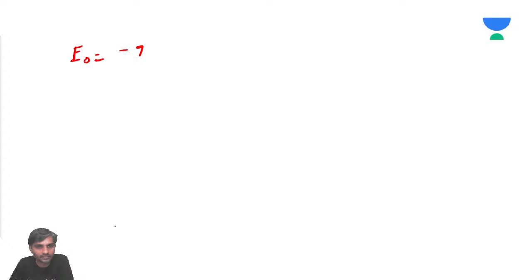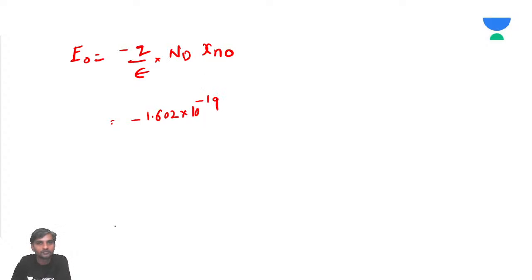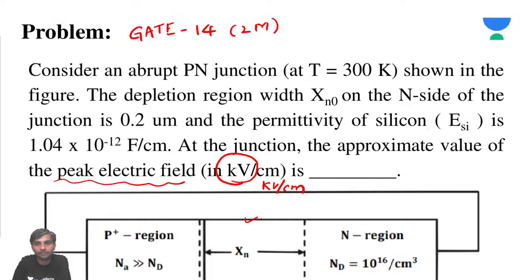Epsilon is equal to minus Q by epsilon into ND into Xn naught. We know this is going to be minus 1.602 into 10 to the power of minus 19. Did he mention the Q value? No. Okay.